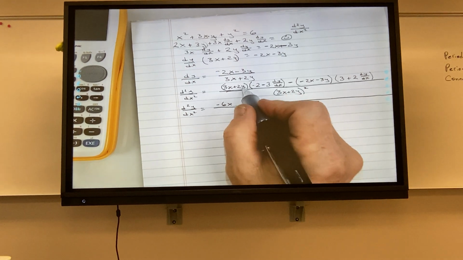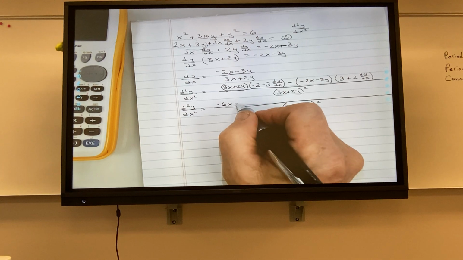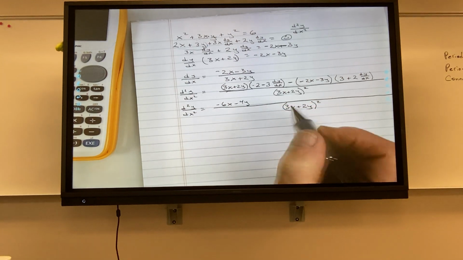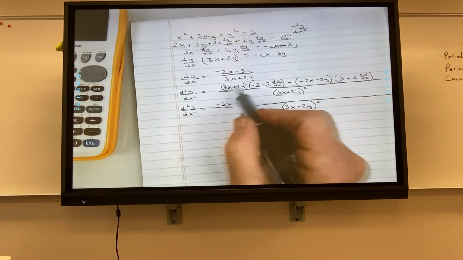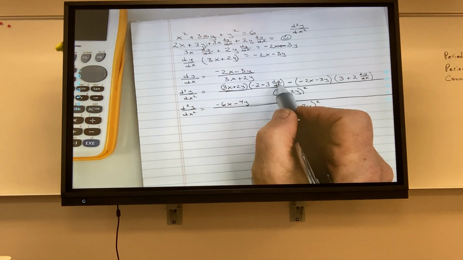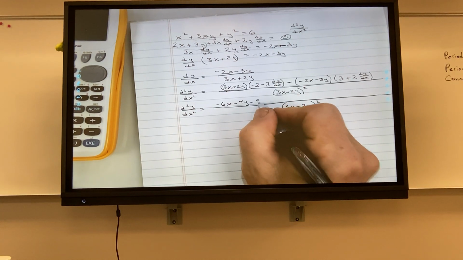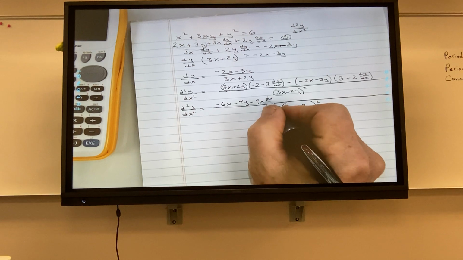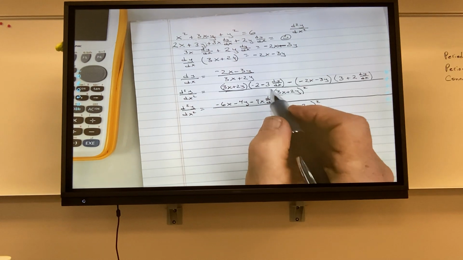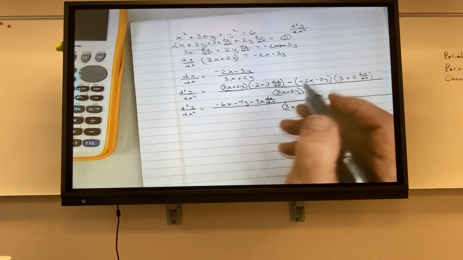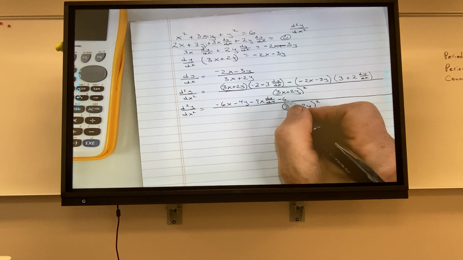And then I multiplied these two and got negative 4y. And then I multiplied these two, I got a minus 9x dy dx. And then I multiplied these two and got a minus 6y.